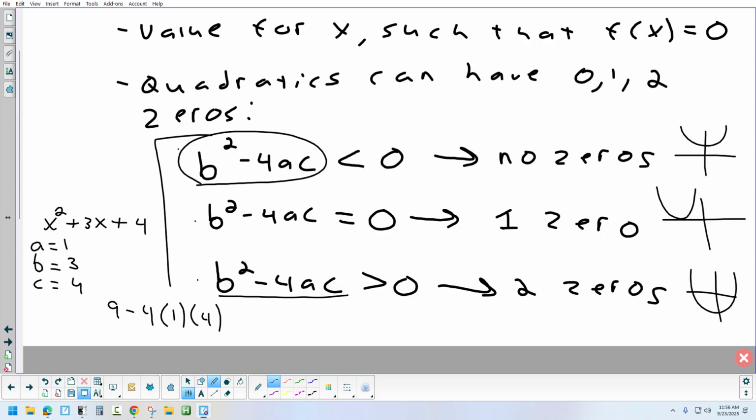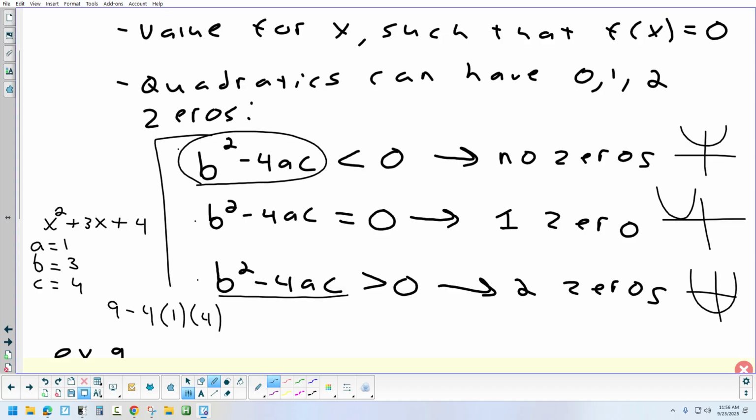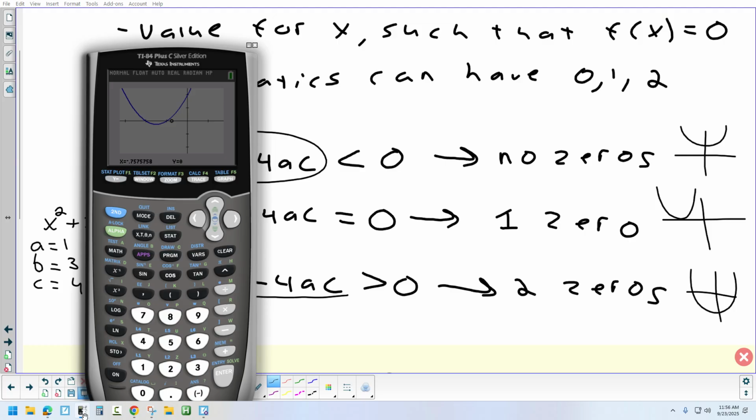What's 4 times 1 times 4? 16. And I don't even really have to finish it. 9 minus 16 is what kind of number? It's negative, which means this graph would cross the x-axis how many times? 0. That means it has no real numbers that you could plug in to get 0 as an answer. Doesn't mean they're unimaginary, but it means there's no real ones. So change this 3 to a 4, and let's see if we get a graph that never crosses the axis. There you go.